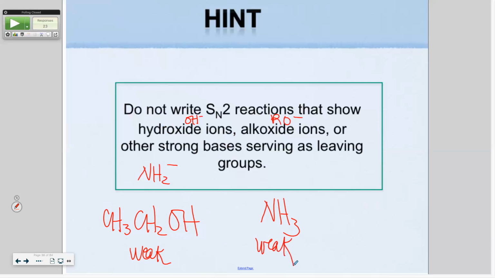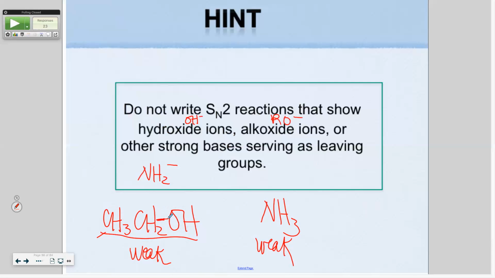It's probably the one that you learned in general chem as a Bronsted-Lowry base. That isn't the other kind, right? That isn't the Arrhenius definition. Remember that the C-O bond in these is covalent. You do not take ethanol, dissolve it in water, and get hydroxide ions.